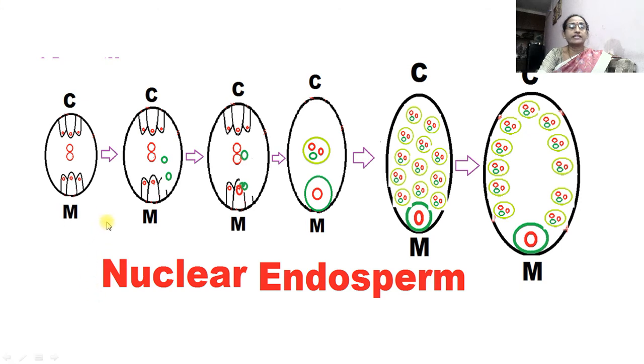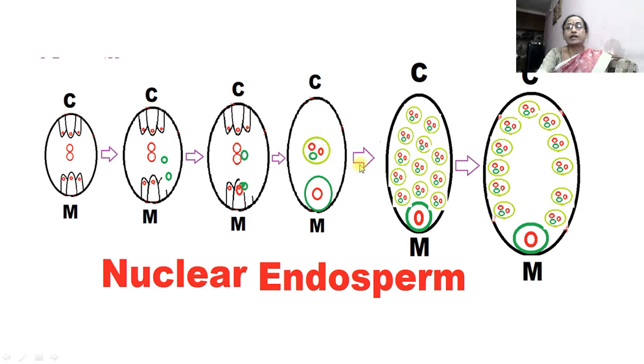Here we can see this is the embryo sac, at the micropylar end there is the egg apparatus, then at the center there is the secondary nucleus, and at the chalazal end there are antipodals. And as we know, two male gametes are discharged inside the embryo sac. Of them, one will fuse with the egg and another will fuse with the secondary nucleus, and there is formation of the triploid PEN, the primary endosperm nucleus.